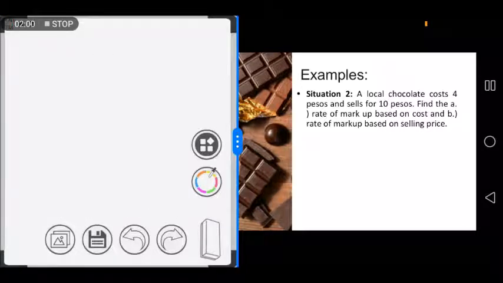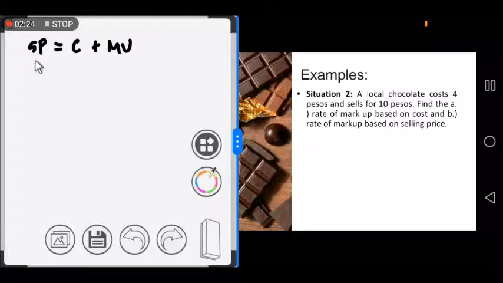Another example. Situation 2. A local chocolate costs 4 pesos and sells for 10 pesos. Find the rate of markup based on cost and the rate of markup based on selling price. Okay, so again, to get the markup, selling price is equal to cost plus markup.